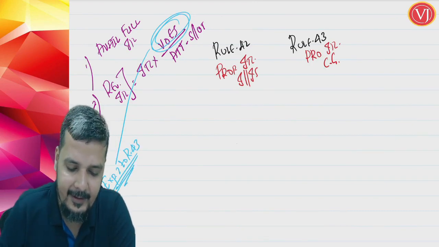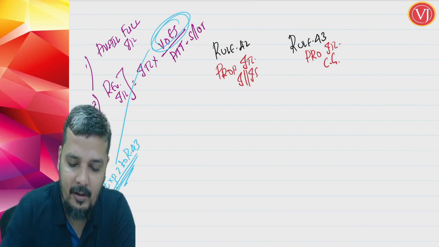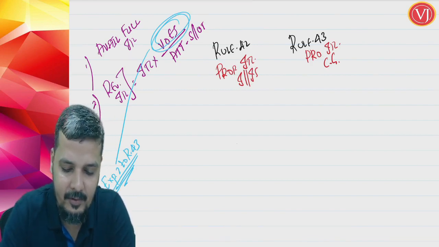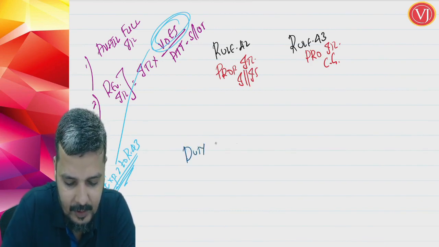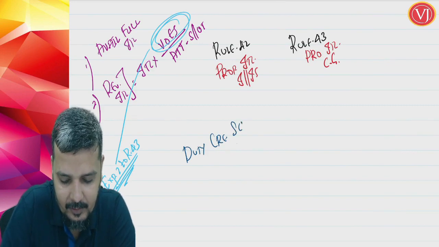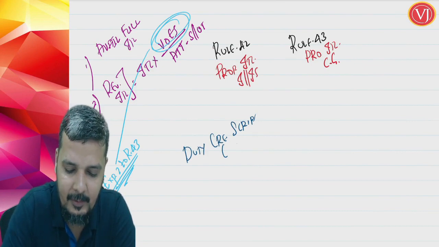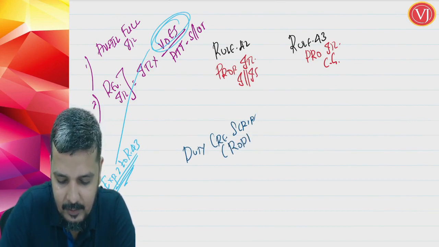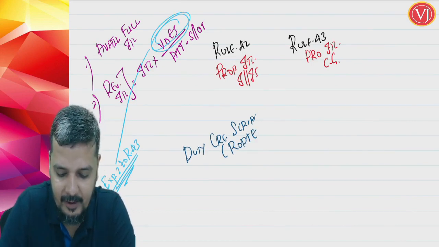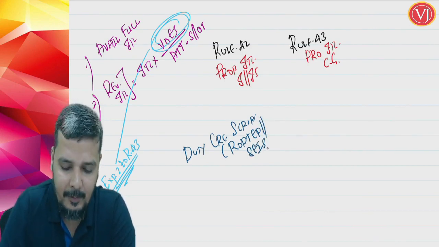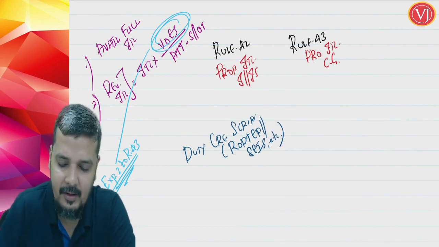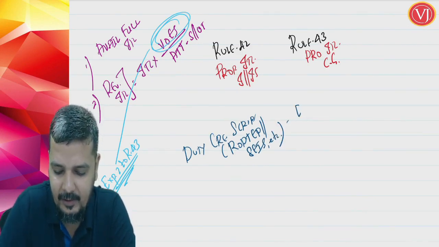Understand that technically your duty credit scrips, say for example MEIS scrips, RoDTEP, remission of duties and taxes on exported products, or SEIS scrips, Service Exports from India Scheme, there are a lot of duty credit scrips. They do not have any tax, they are exempted.